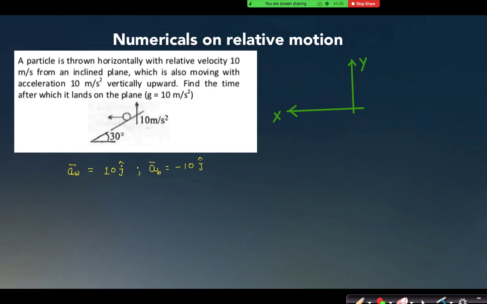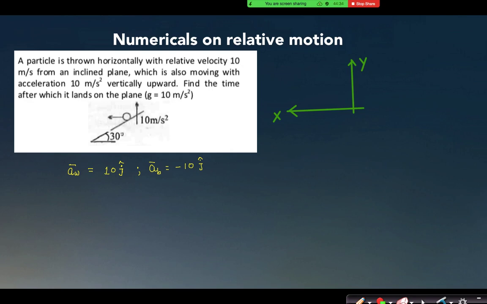Similarly, any particle that is projected from any accelerated or moving platform will maintain the state of motion of the time it was last in contact with that platform. State of motion means only the velocity will be taken, not the acceleration.